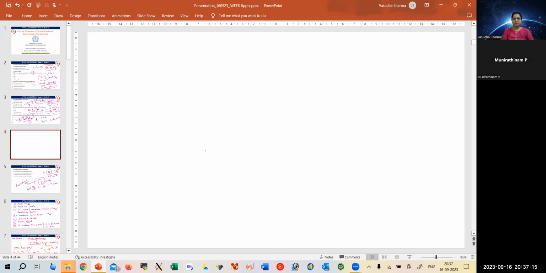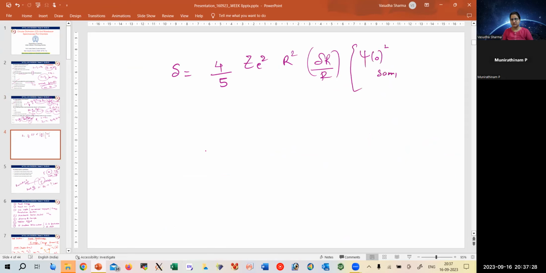So we were having this formula, where delta E was 4/5 Z e squared R squared, delta R by R, times psi squared sample minus psi squared source. That's the electron density that we are not looking into.